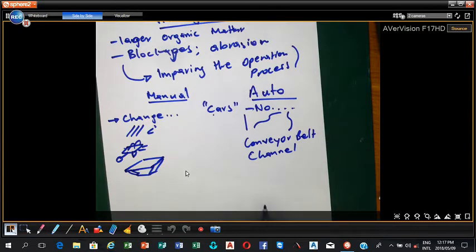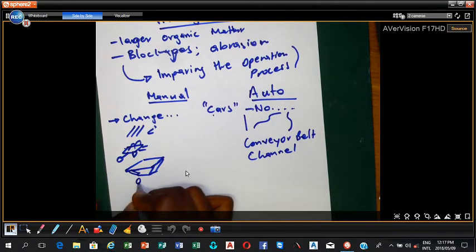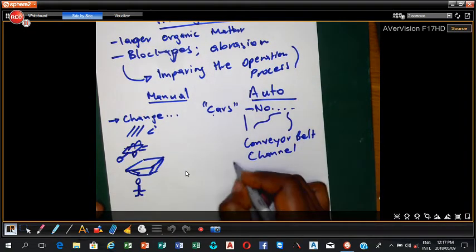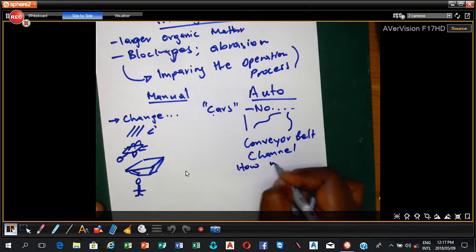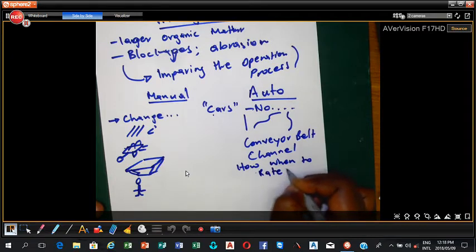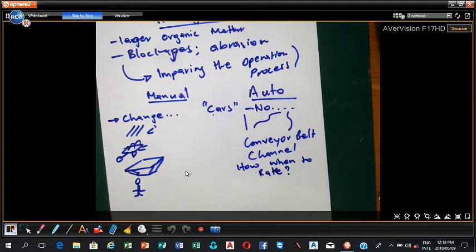Right. Let us say then, I've got this automatic, I've got this manual. Here, I know in manual that men will be told to go and rake, and they do operational rounds. But how do you know when to rake within automatic screens?